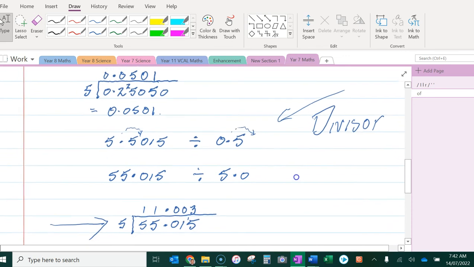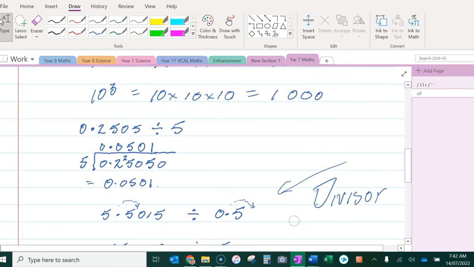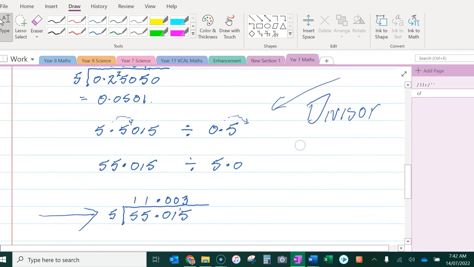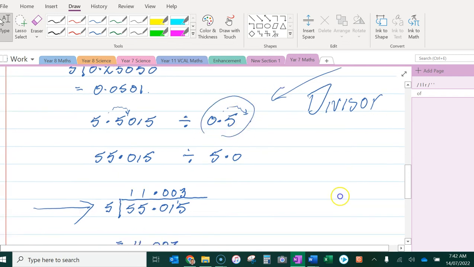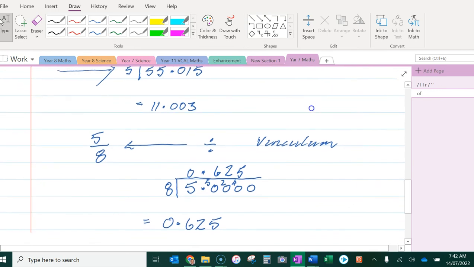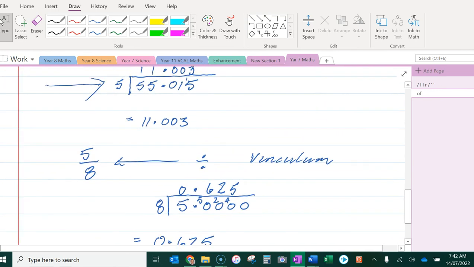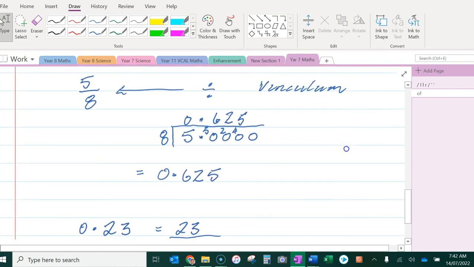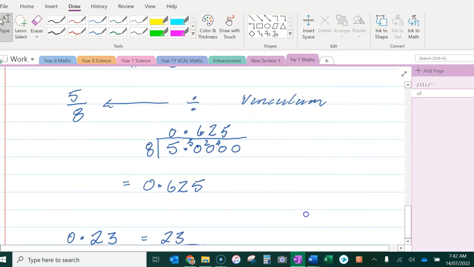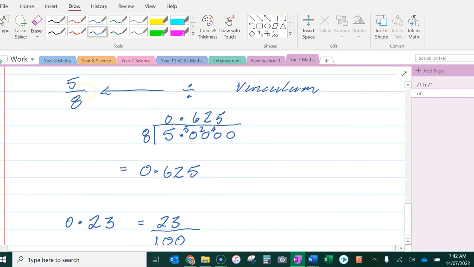Right, dividing by a whole number and dividing by a decimal, where we've got to make the divisor, which is this one here, a whole number. And then we convert between decimals and fractions. We understand that this means divided by.